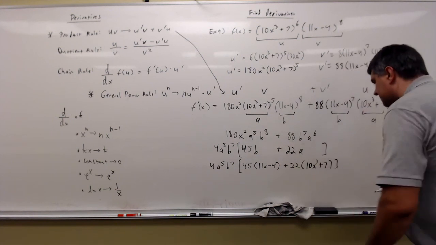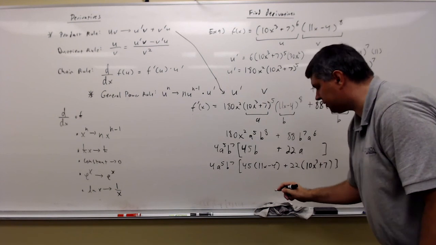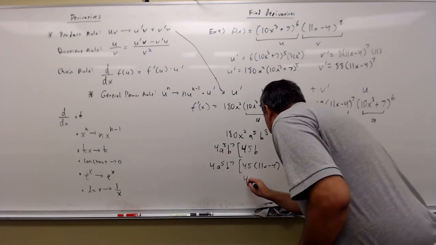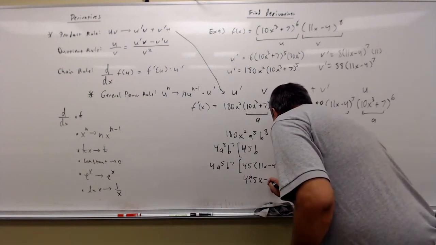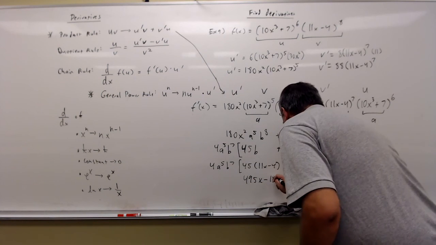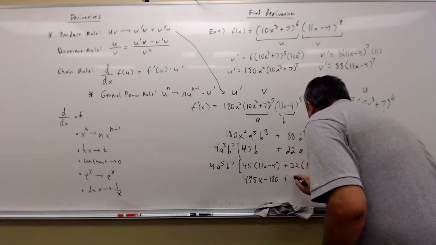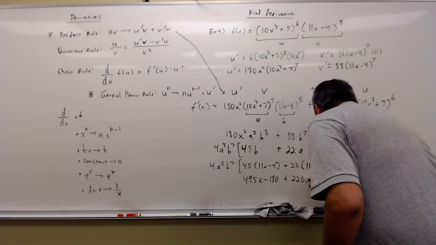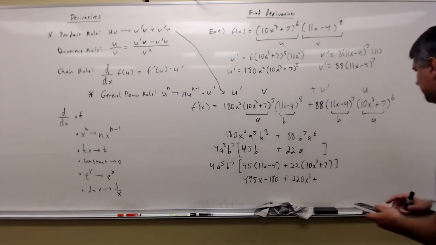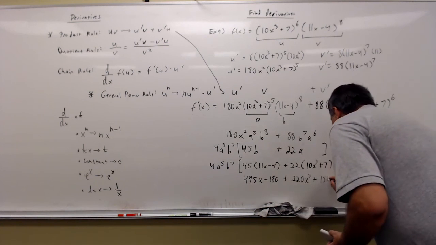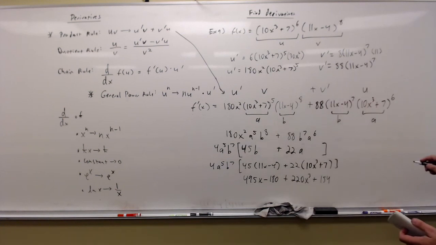I'm going to go ahead and do just this one. So 45 times 11, 495. Minus 180, plus 220x cubed plus 154. All right.